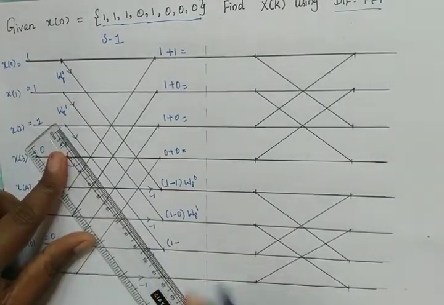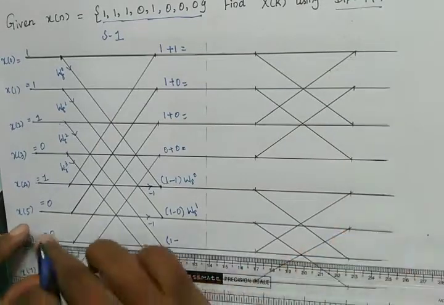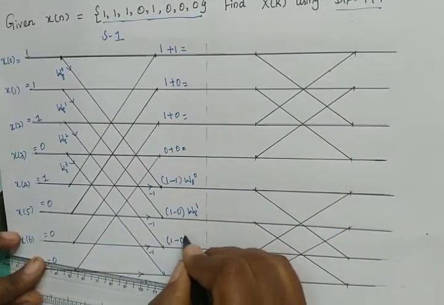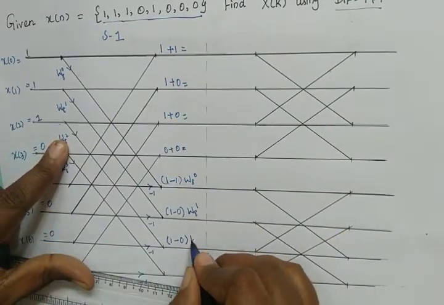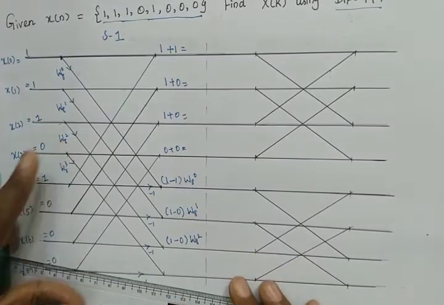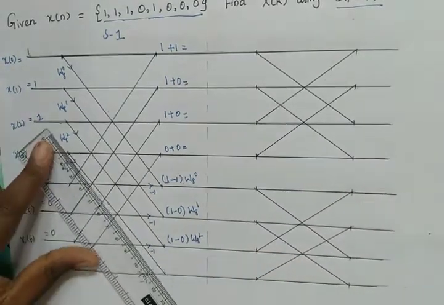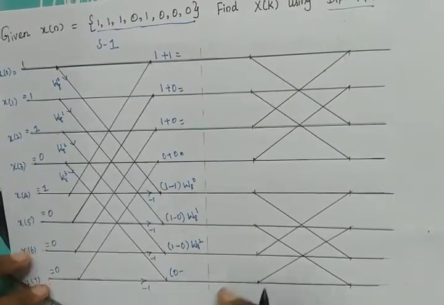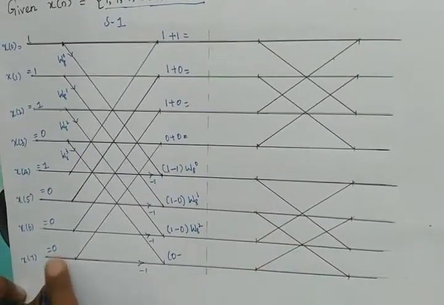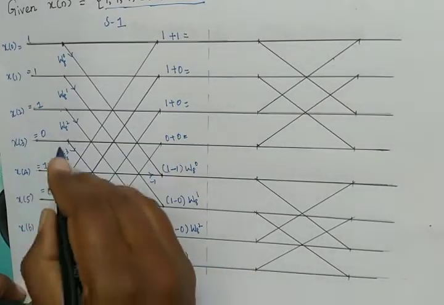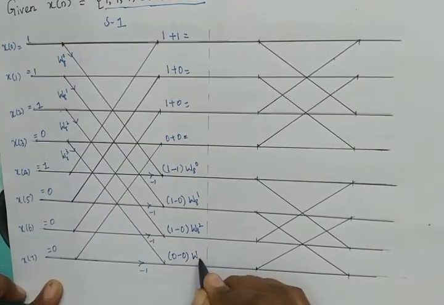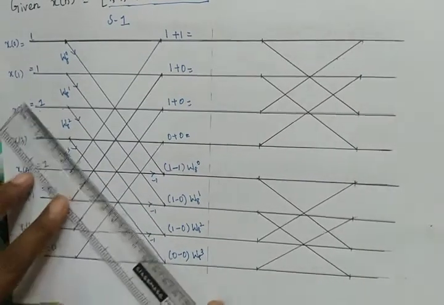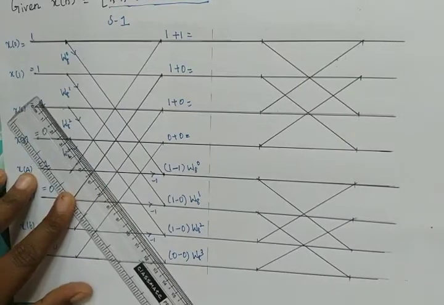So 1 minus, because this will be multiplied by minus 0 into twiddle factor W8 power 2. Then here we have 0. So here it is 0. Then minus, because here we have minus 0 into twiddle factor W8 power 3.